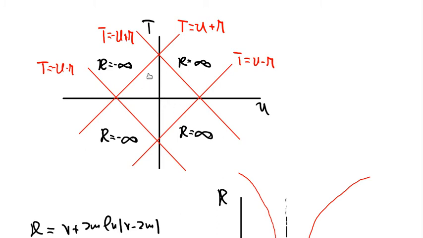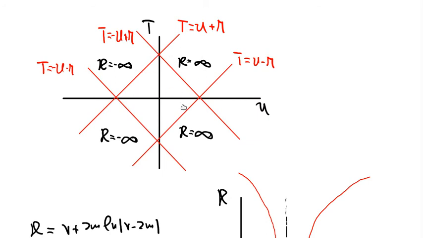I didn't mention this, but as before, we could have picked any of these squares, because this is an infinite set, the same as Minkowski, as a representation of our space-time.